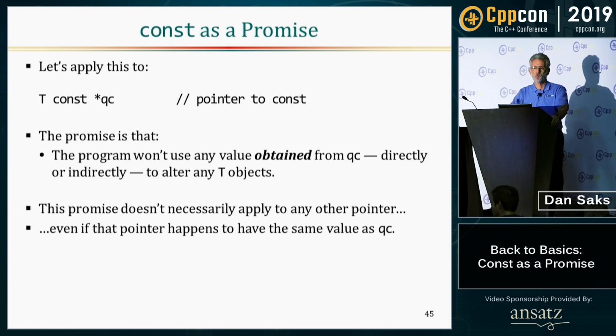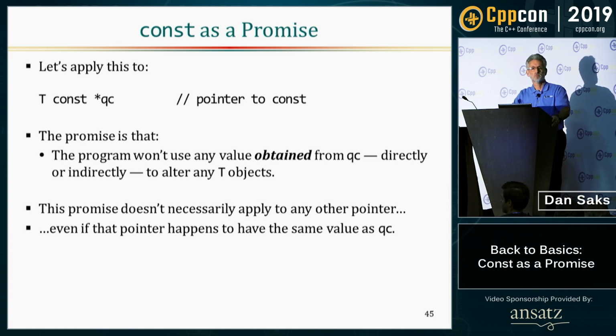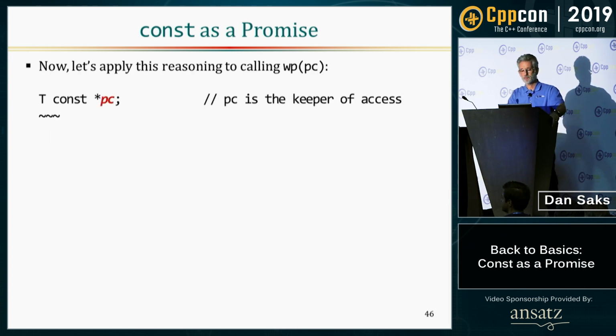So that's the sense in which you can have an expression that designates a constant object actually referring to something which is really not const, really not immutable. So let's apply this reasoning to the function calls. So once again, we have this pointer PC, which is a pointer to a constant t.